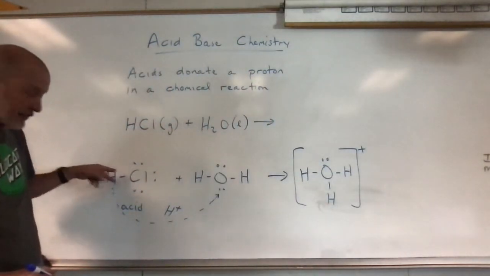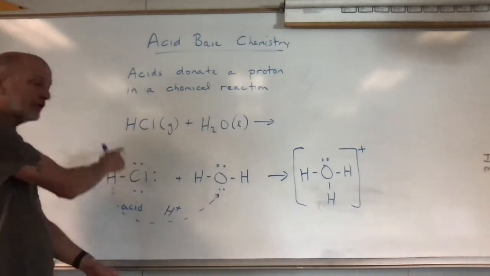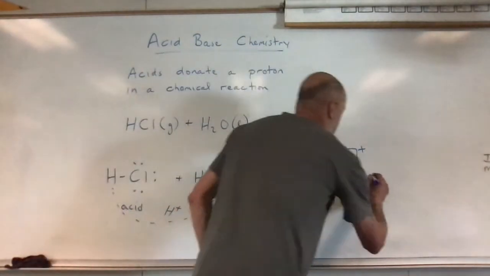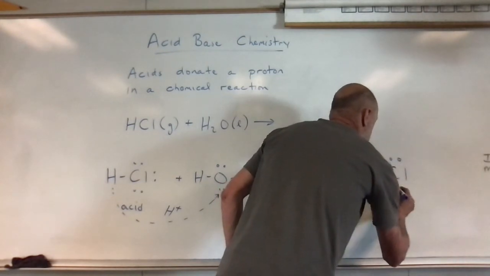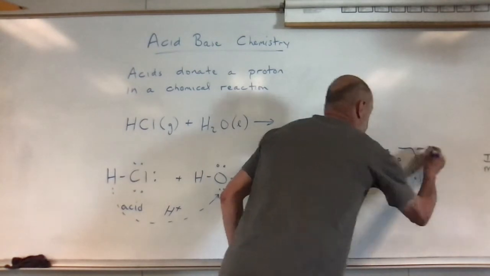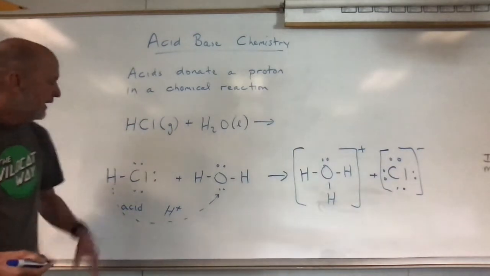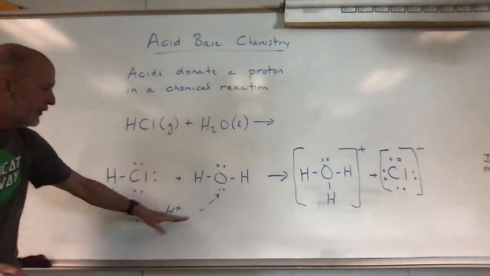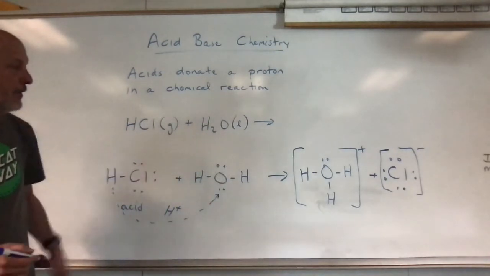So this pair of electrons that hydrogen was sharing with chlorine is left behind, and now chlorine has it. So what do I have? I have the chloride ion. So HCl gas donated a proton to water, and that is what I have in the end.